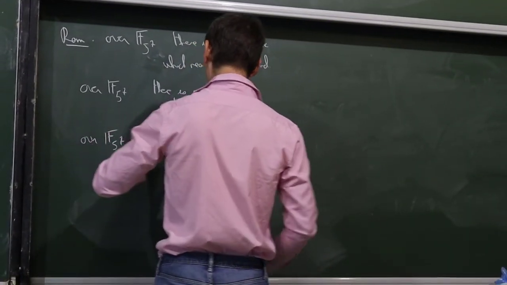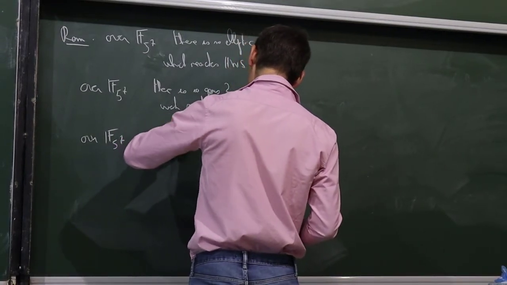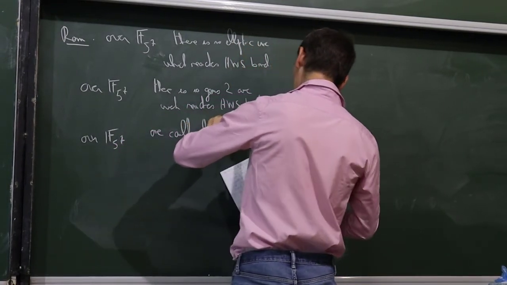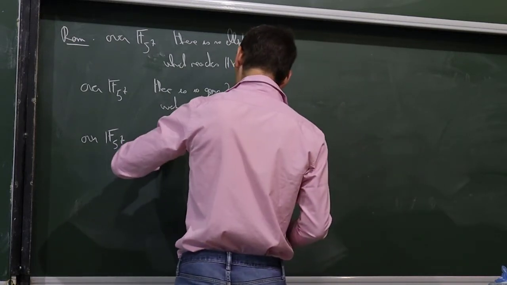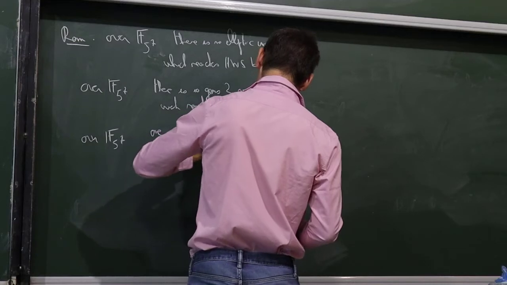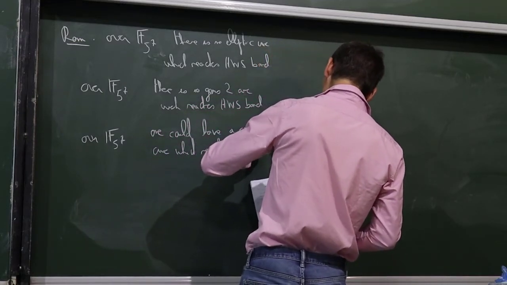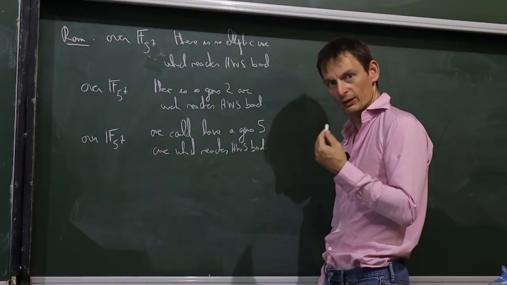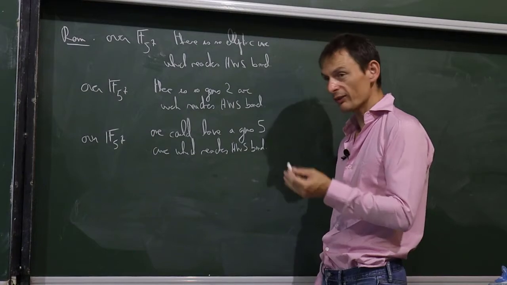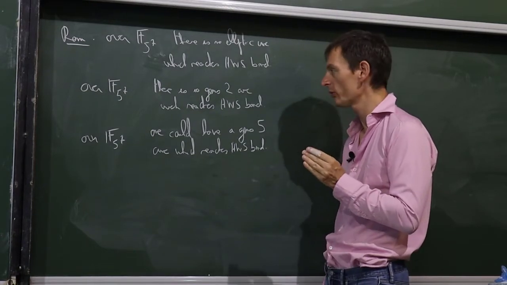F_5^7, one could have a genus 5 curve which reaches the Hasse-Weil-Serre bound. At least, I don't know if there is a curve, and if you look at the tables, it's not clear that it exists, but you see that the defect 0, the maximal number, can't be excluded so simply.